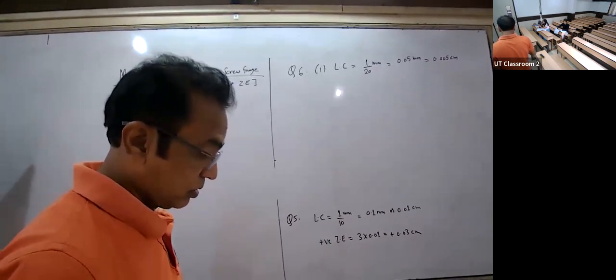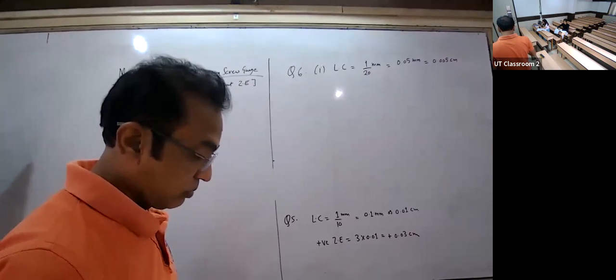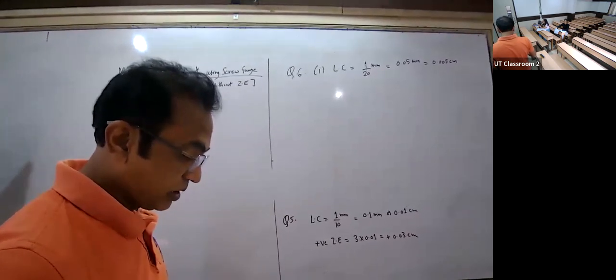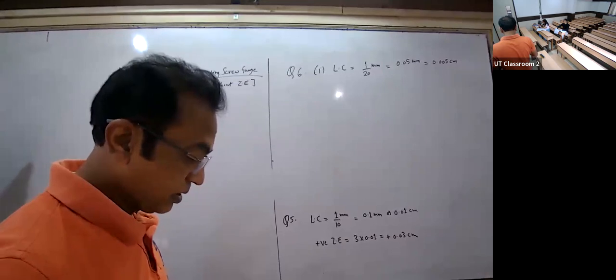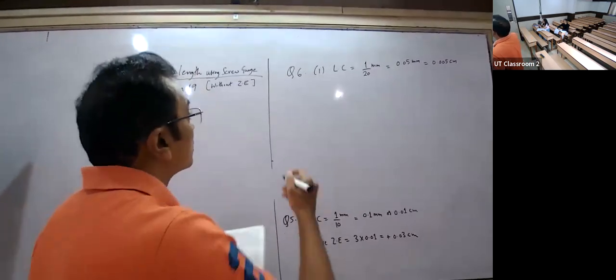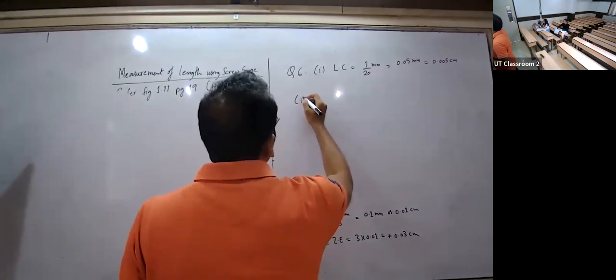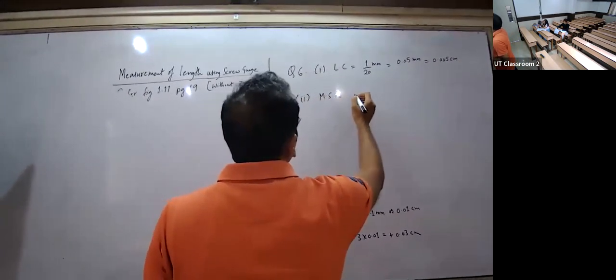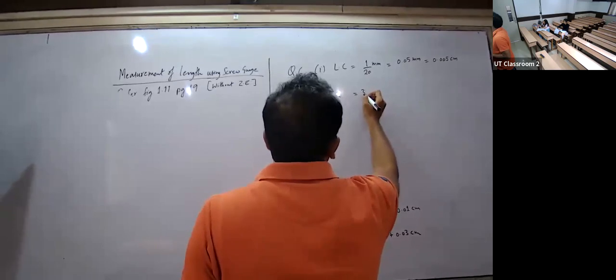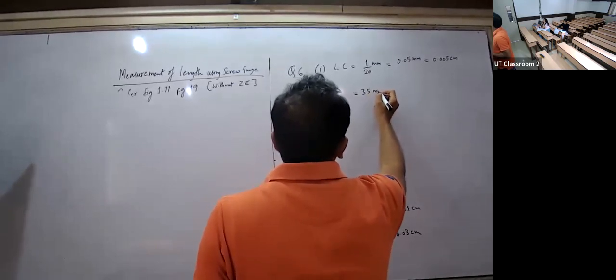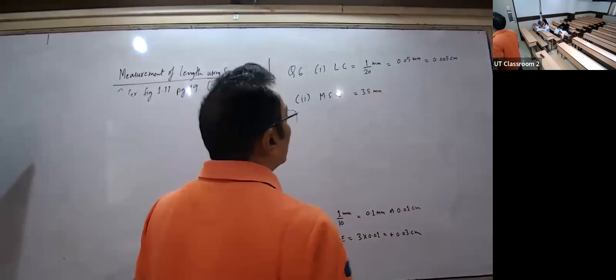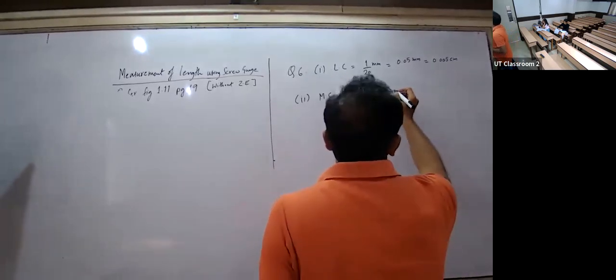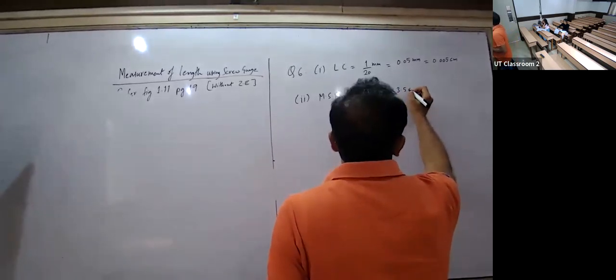Then, in measuring the diameter of the cylinder by this instrument, the main scale reads 35 divisions. So main scale reading is given as 35 divisions and 35 millimeter, which means 3.5 centimeter.